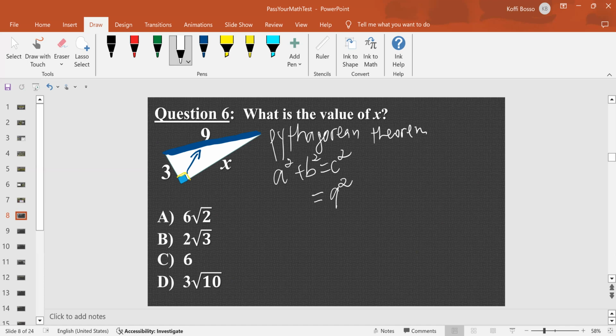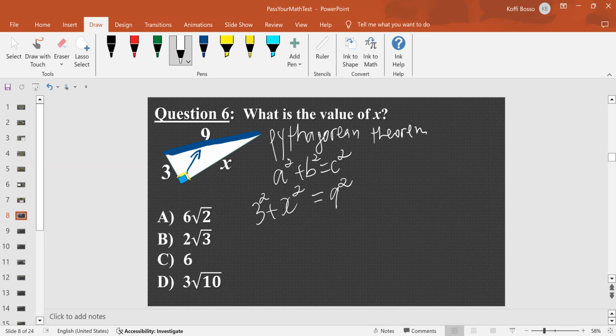So we're going to have 9 squared. Now, a and b are the 2 legs. It doesn't matter which one you choose for a or b, but they are the 2 legs. So that means what? If I take 3 squared plus x squared, I will get 9 squared.